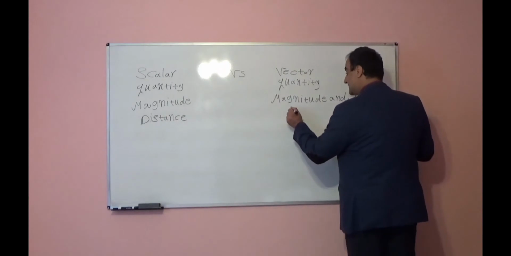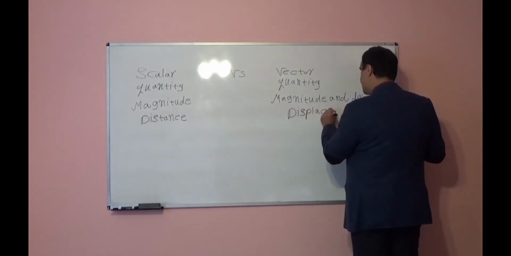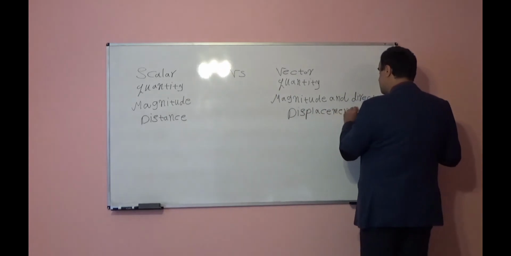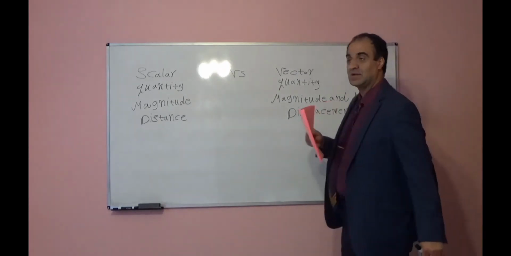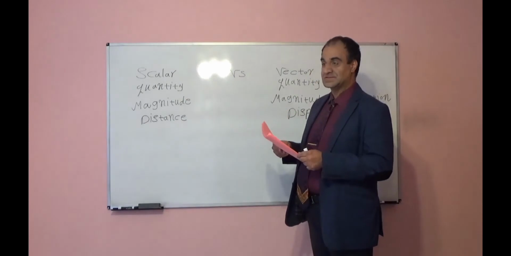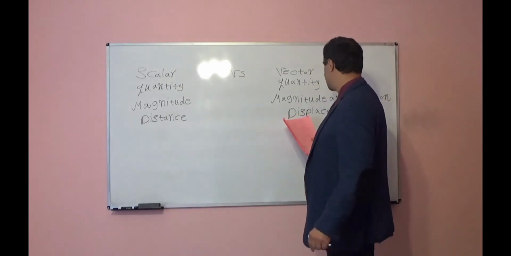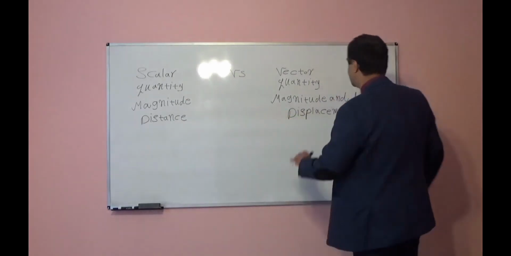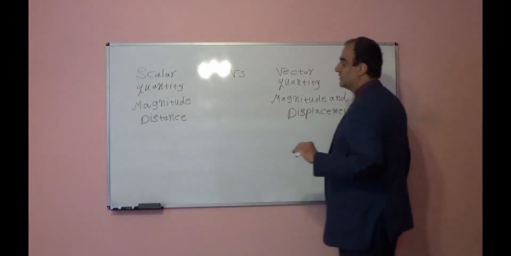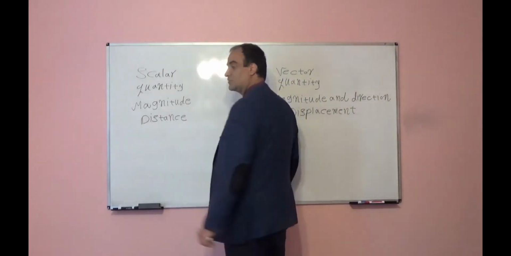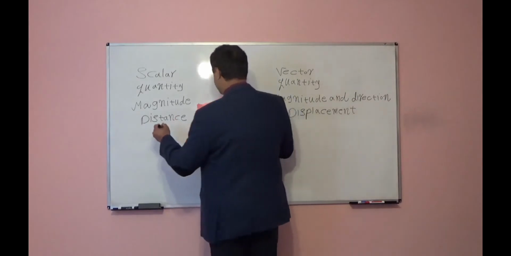But how about displacement? Displacement, it is vector. Because, for example, 5 miles to the east or west or north. So displacement is vector. You need magnitude and direction. For distance, magnitude only it is enough. So it is a scalar.